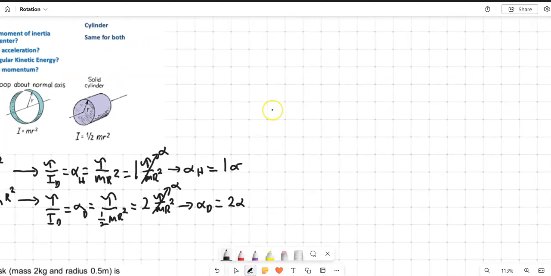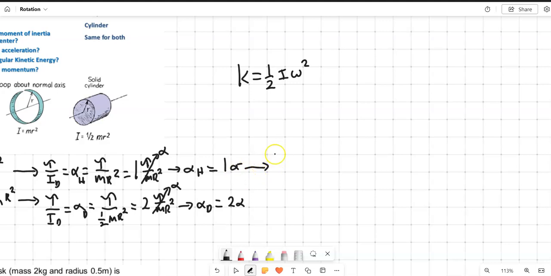If we want to know the kinetic energy of the two objects, kinetic energy is going to be equal to 1/2 I omega squared. We have the I part, we don't have the omega squared part, but we can get omega squared. So what we're going to do is relate alpha to omega.